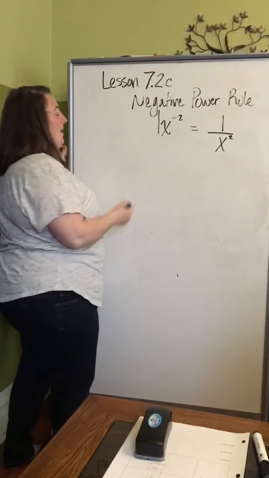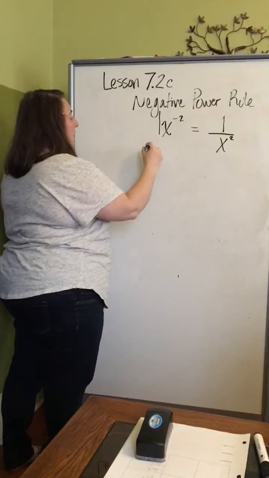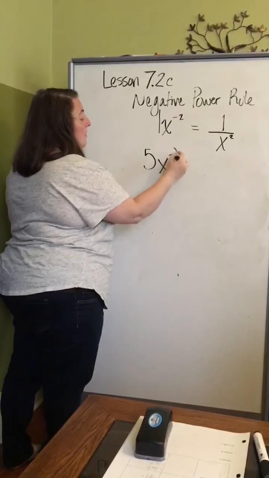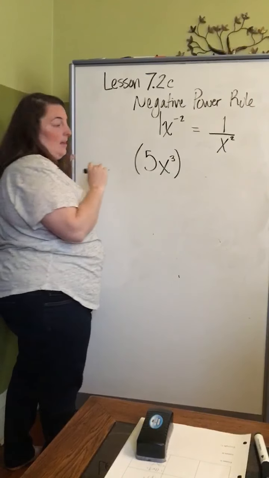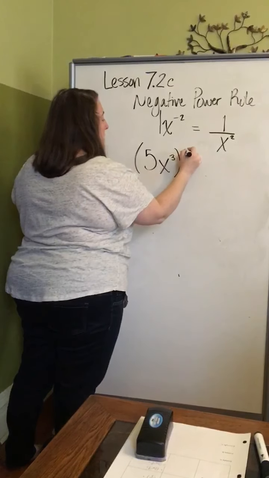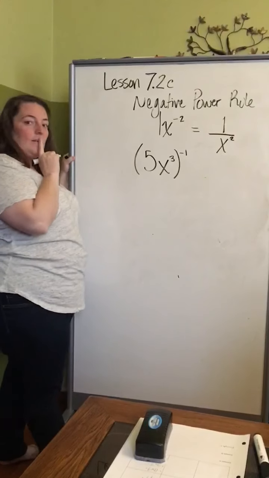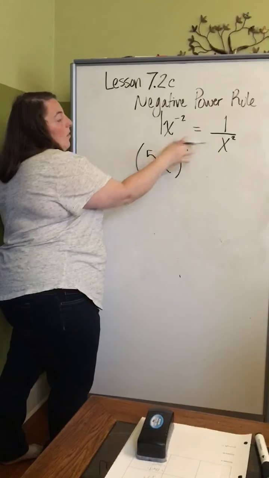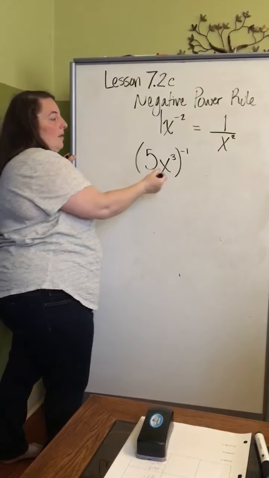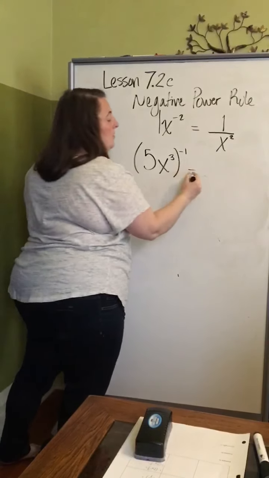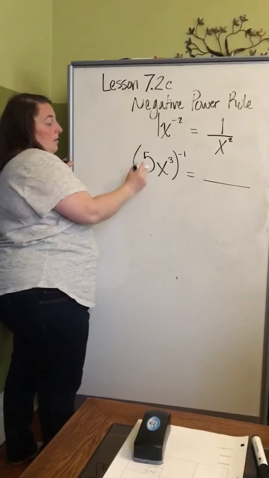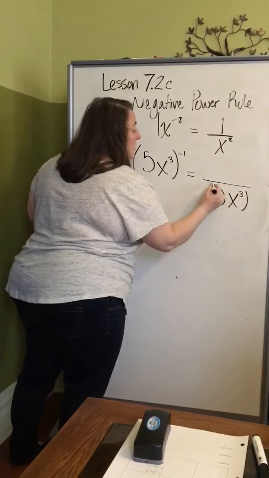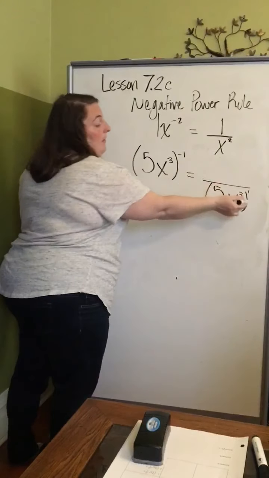What if you had 5x to the third, but then everything is going to be to the negative 1 power? Everything. Well, then everything goes to the denominator. Whatever is to the negative power goes in your denominator. So this would be 5x to the third, all to the first power, because remember, it becomes positive.